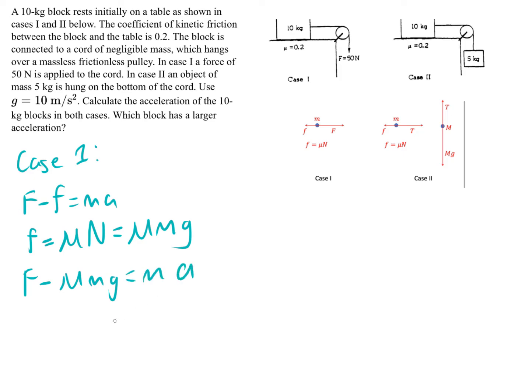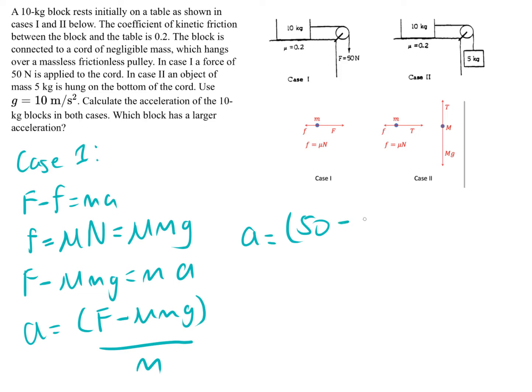And then now we just need to simply solve for the acceleration. So the acceleration is just simply this whole quantity here divided by the mass. Now all we need to do is plug all of our numbers in. The pulling force is 50 newtons minus the coefficient of kinetic friction of 0.2, the mass of 10 kilograms, the acceleration of gravity of 10 meters per second squared, and then we're going to divide all of that by the mass of 10 kilograms.